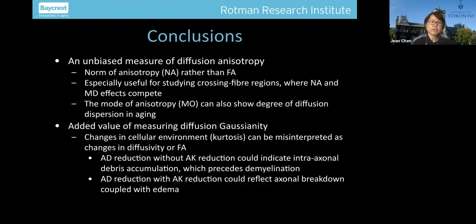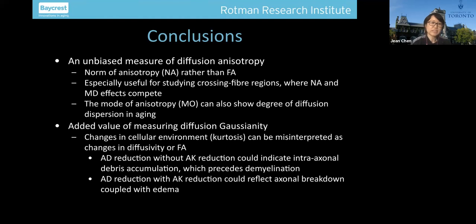So the two takeaways from this: first is that we would encourage the use of an unbiased measure of diffusion anisotropy, especially for studying crossing fiber regions. By that I mean, one simple thing you can use is the normal anisotropy that can be calculated directly from your single shell diffusion data.